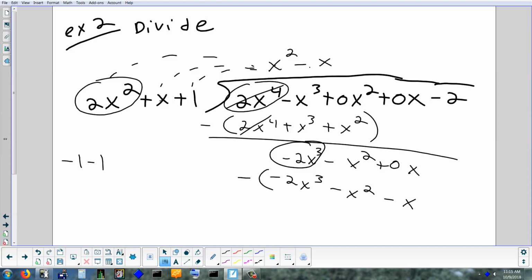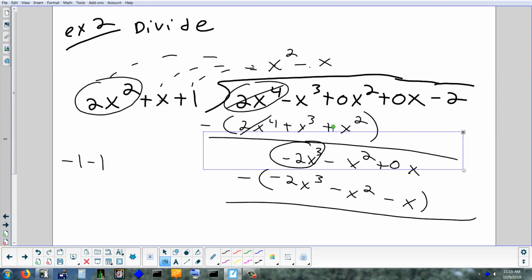Okay, and let's subtract all that. Kaylee, what's negative 2x cubed minus negative 2x cubed? That cancels. It's gone. Let's look at the next one. Madison, what's negative x squared minus negative x squared? 0.